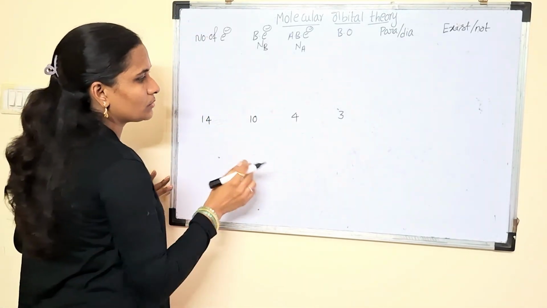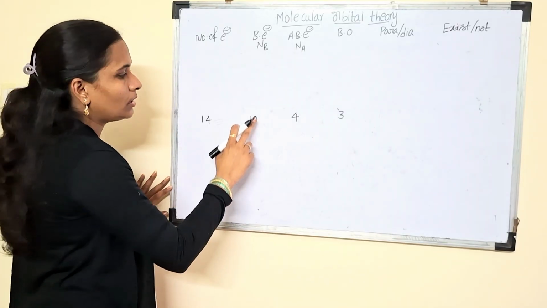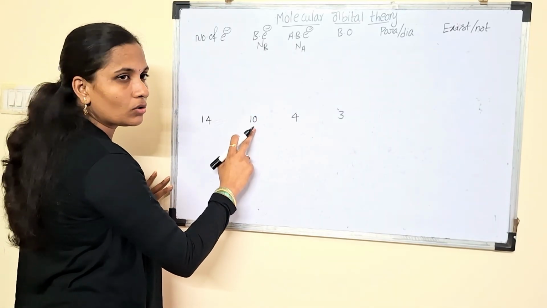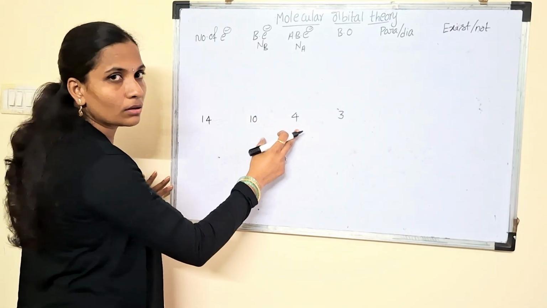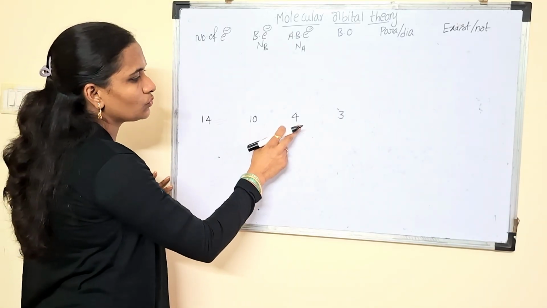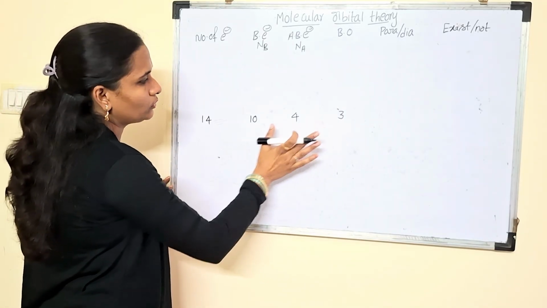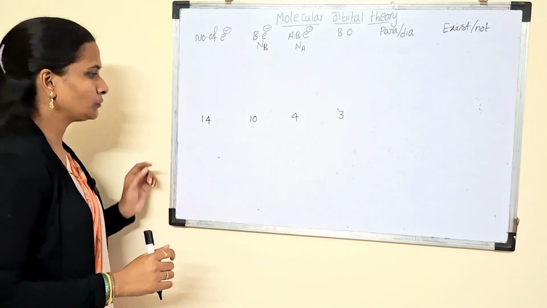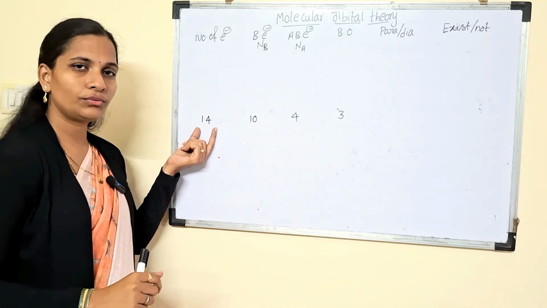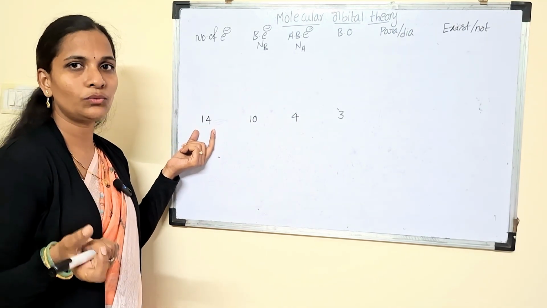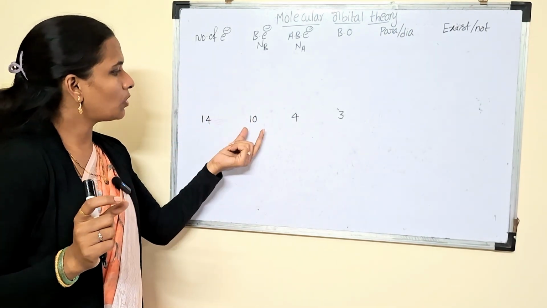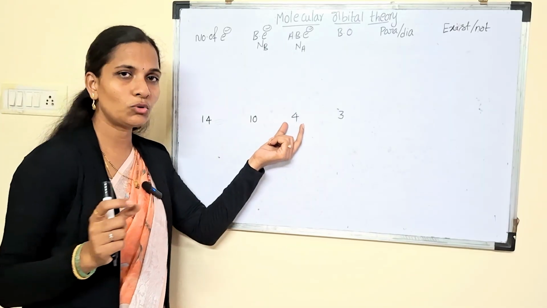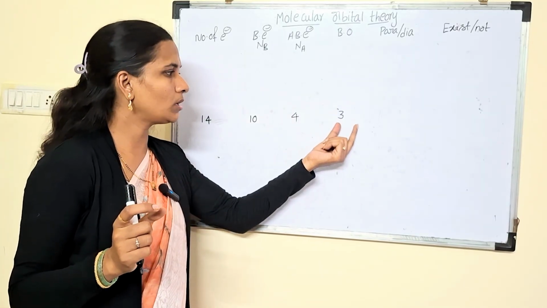Because what is the formula for bond order? Bonding electrons minus anti-bonding electrons by 2. So 10 minus 4 by 2, that is 3. So these values you have to remember. Totally 14 electrons: if that molecule or ion has 14 electrons, then bonding electrons are 10, anti-bonding electrons are 4 and bond order is 3.